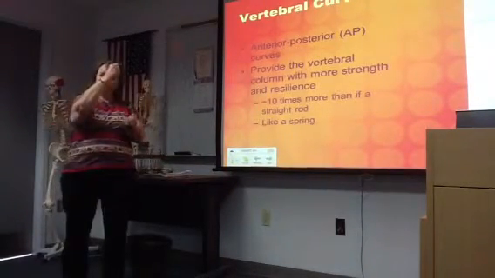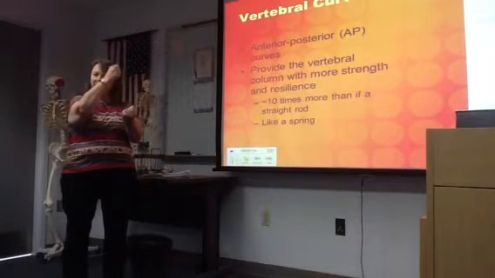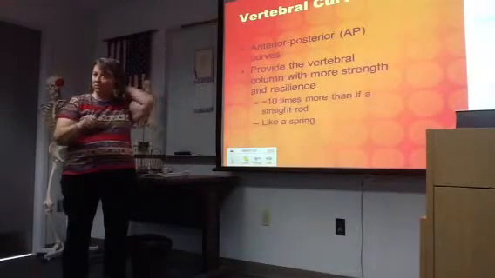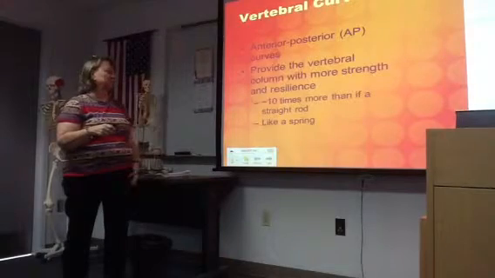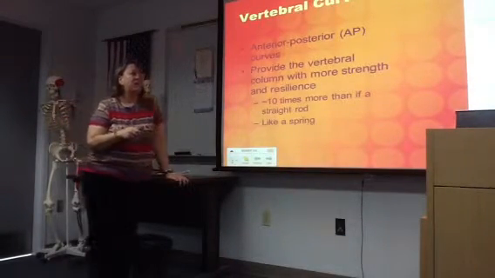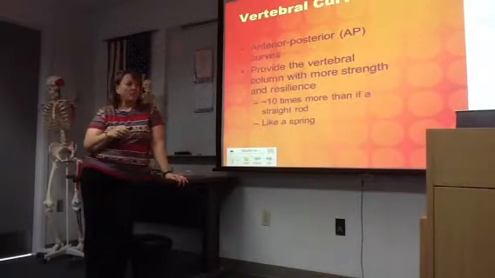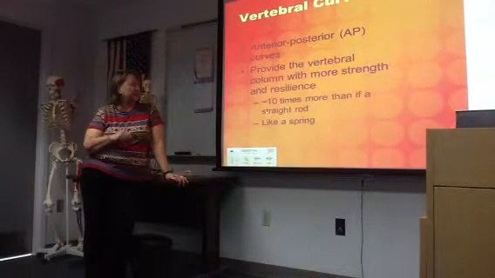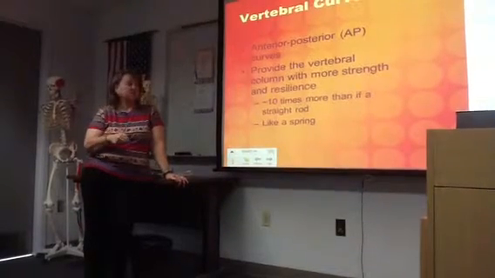It's got some up and down movability as well. Okay, so that we can deal with the shock absorption better. Okay? Yeah, so basically it gives 10 times more strength than if it was absolutely straight.